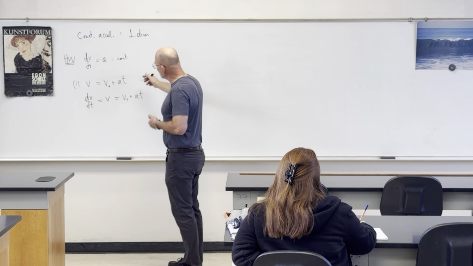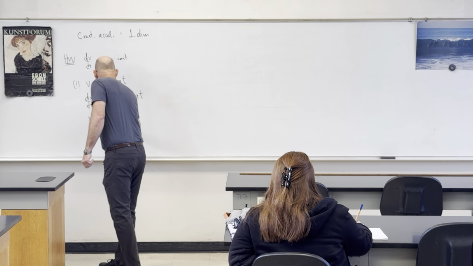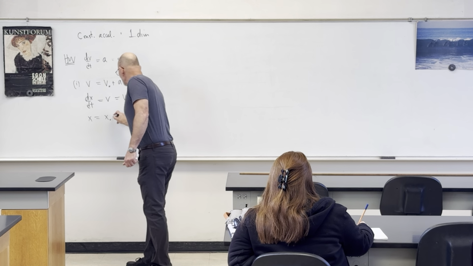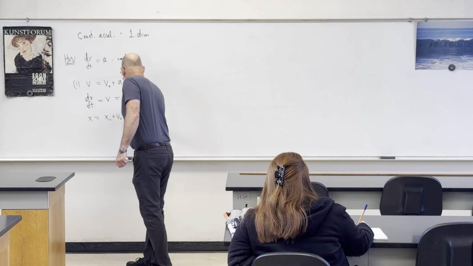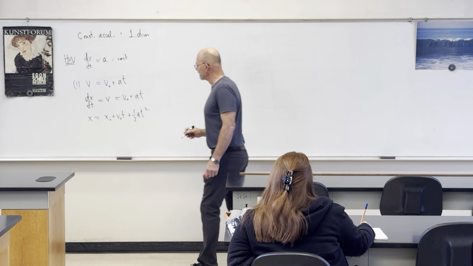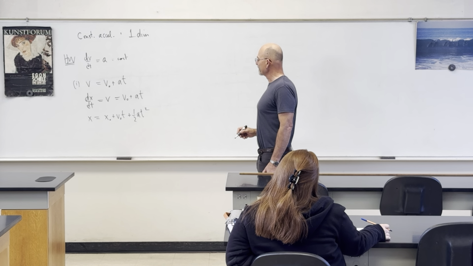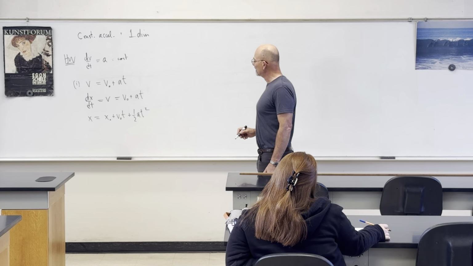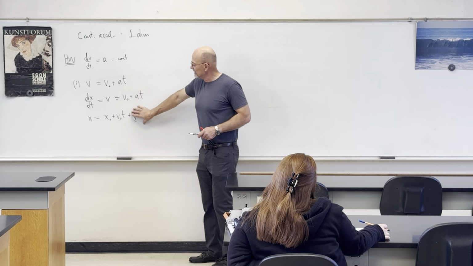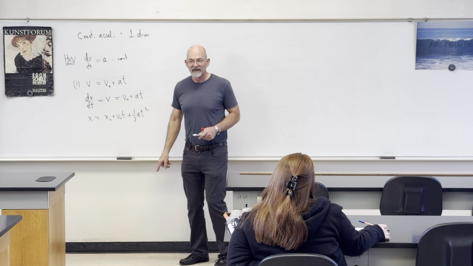And a simple integration gives us x equals x0, which is our integration constant for the whole thing, plus v0 t plus 1/2 a t squared. You'll notice if there had been no acceleration, x would just be x naught plus v naught t, right?